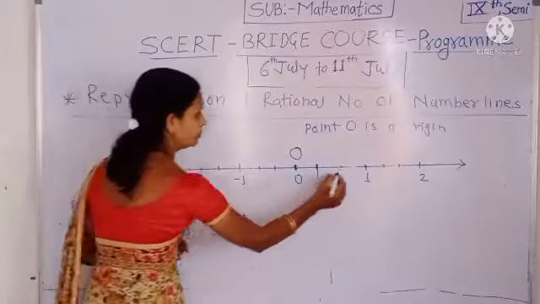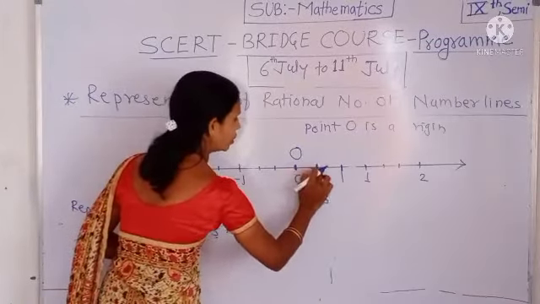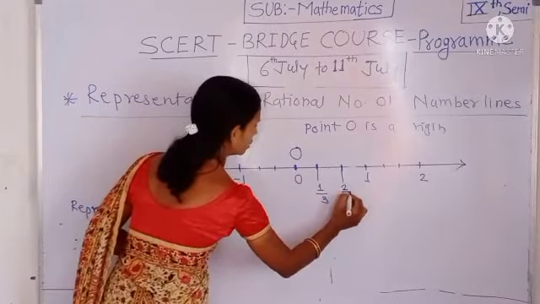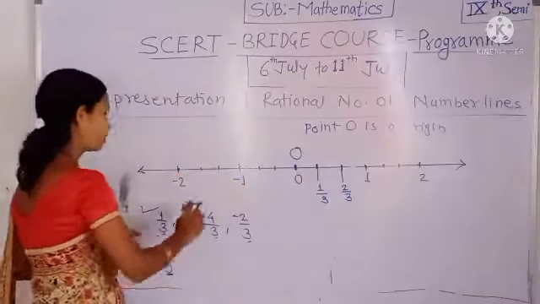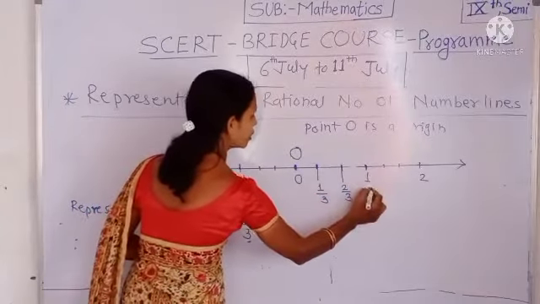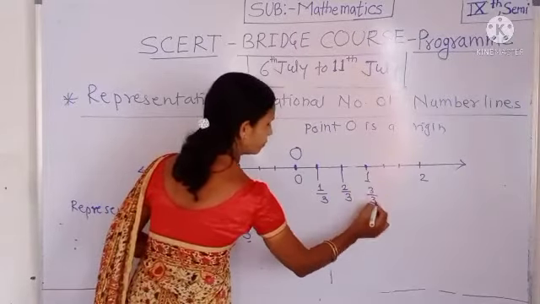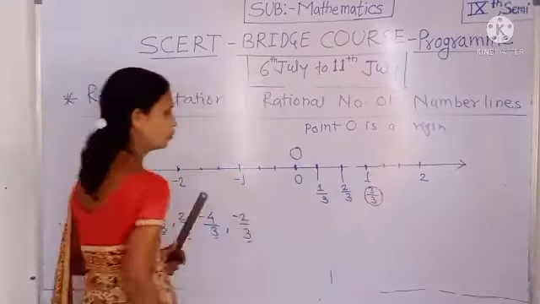Then 2 upon 3, see here, from 0, 1, 2 at the second point, that is 2 upon 3. Then the third part out of 3. 3 upon 3 means 1. See here 3 upon 3 means 1.